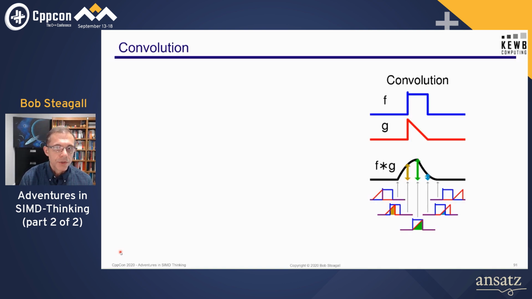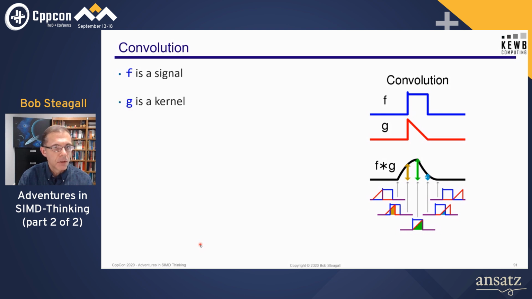So what is convolution? Well, convolution is a mathematical operation where a given signal, in this case f, is filtered by another signal g to create a different signal, usually marked f star g, the star meaning convolution.